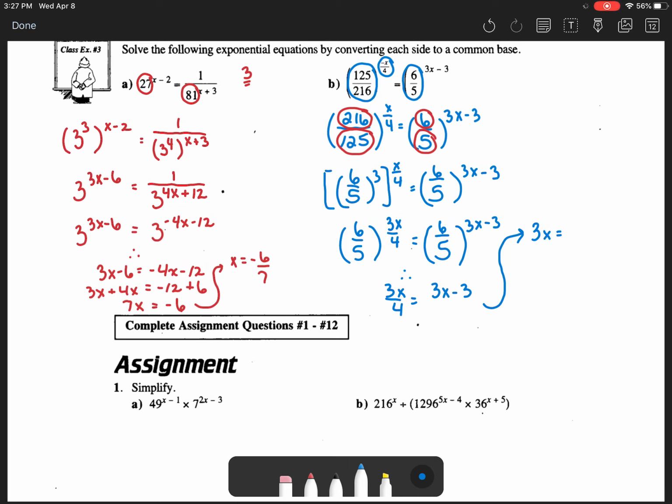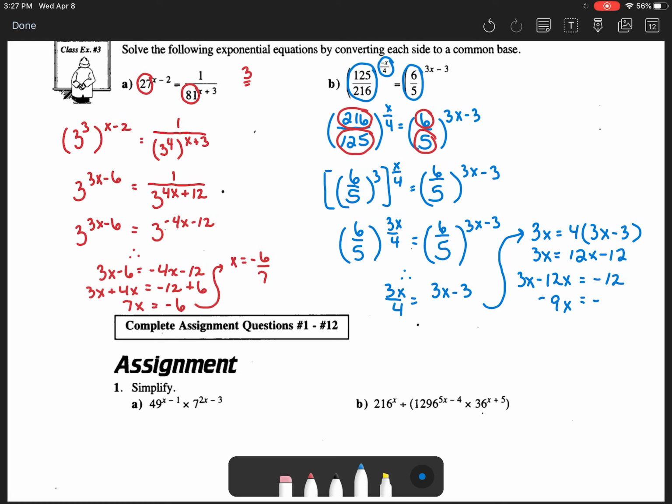So at this point, I'm going to cross multiply. So I'm going to have just the 3x on the left-hand side, and on the right-hand side, I'm going to have 4 times 3x minus 3. So when I distribute that 4 inside the brackets, you will get 12x minus 12. Collect the variables on one side of the equation and keep the constants on the other side.